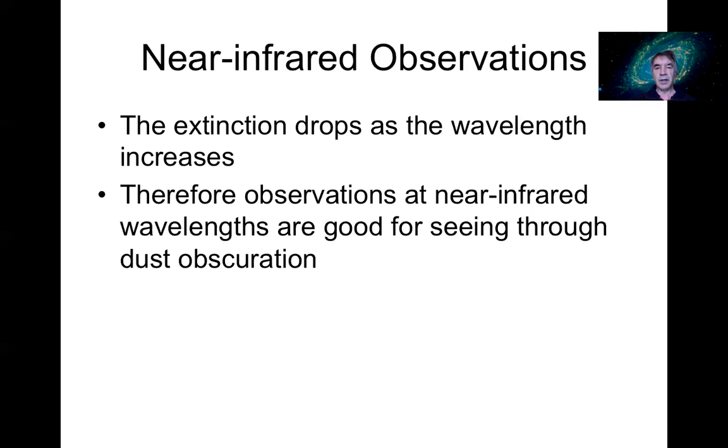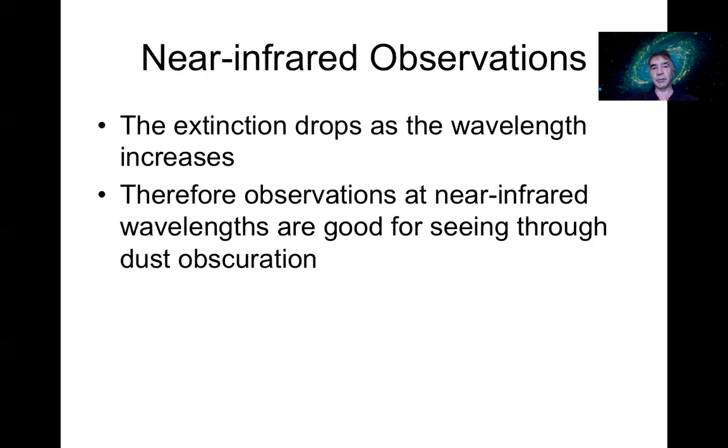So this is good if you've got a lot of dust along your line of sight and you want to see behind the dust and see what's there. If you move to longer wavelengths, like the near infrared, then that is very good for seeing through dust obscuration. And again, at wavelengths of 1 or 2 microns, stars, especially cool stars, are still quite bright.